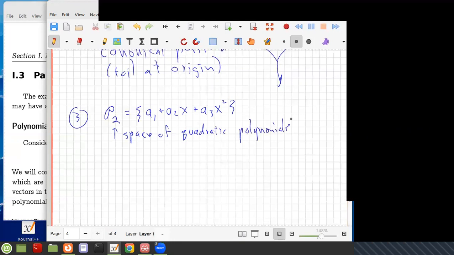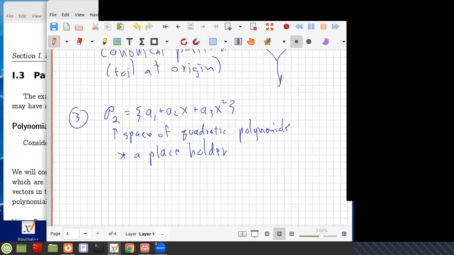Now, the problem here is we're never going to put a number in for x. X is a placeholder. So we're looking at these as functions, as polynomials. So the things that vary are the variables. This switches what we think of as constants and variables.